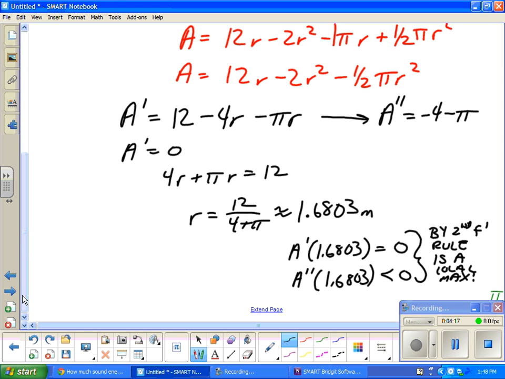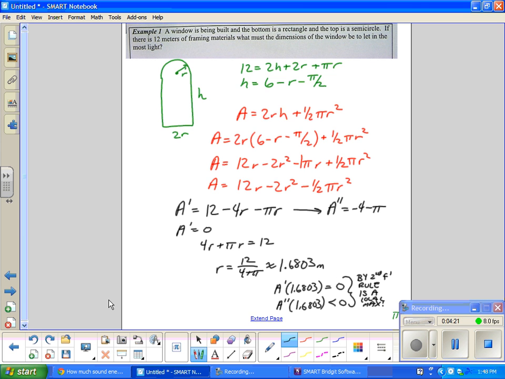So at the very start of this problem, it asked what dimensions the window should be. Well, we've now found that the radius, r, should be 1.6803 meters. This is a very big window, obviously. So I would tell you the dimensions of the window, and we have an equation to find h. We can plug 1.6803 into there.